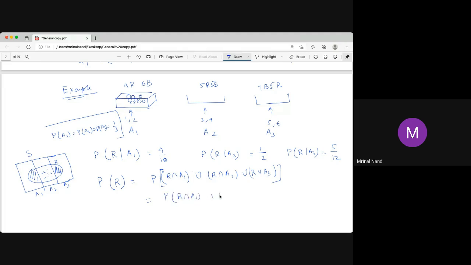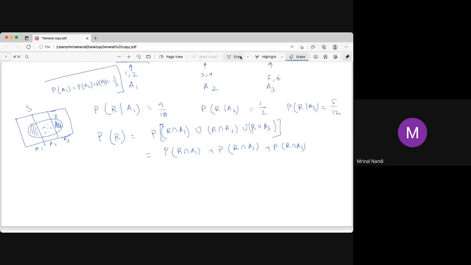We know if they are disjoint, we just add. It is clear from the picture. The 3 different events, if we add all these probabilities, you will get the whole probability. Something like if we buy 3 lottery tickets, the first ticket has a probability of winning the first prize of say 1/10, the second one say 2/10, the third one say 1/10.